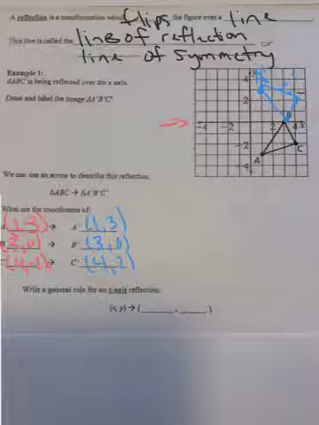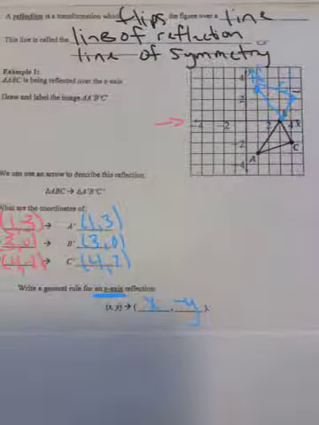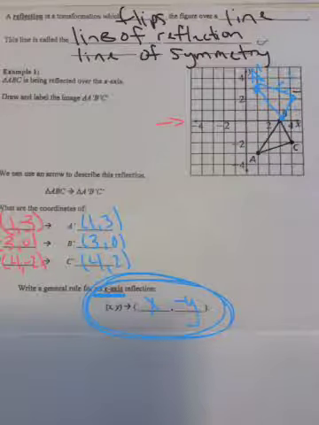Notice the only thing we're doing when we're reflecting on the x-axis is keeping the same x, but changing the sign of our y. So this is our rule for reflecting on the x-axis: x, comma, -y. And the -y just means to change the sign.